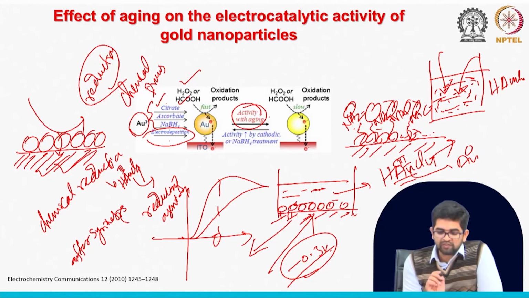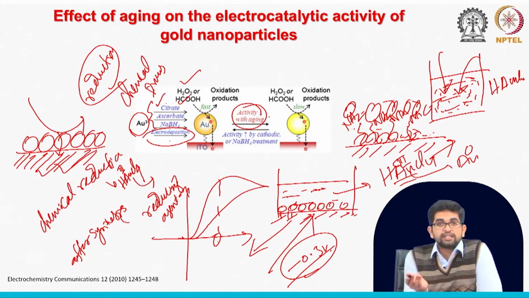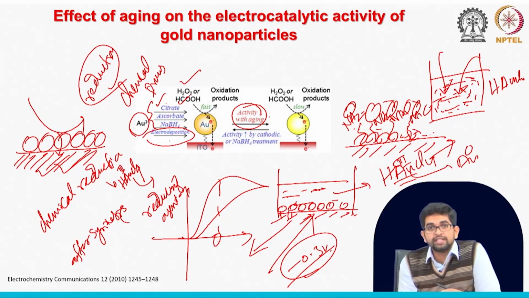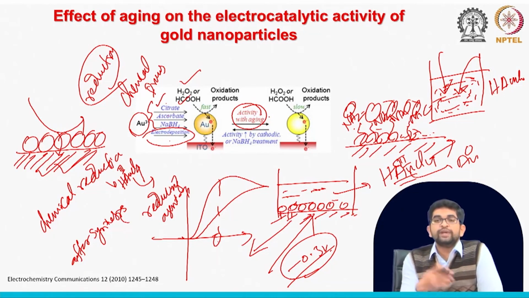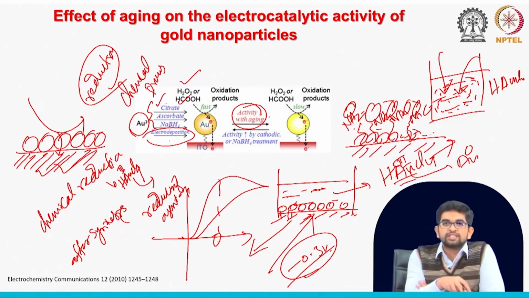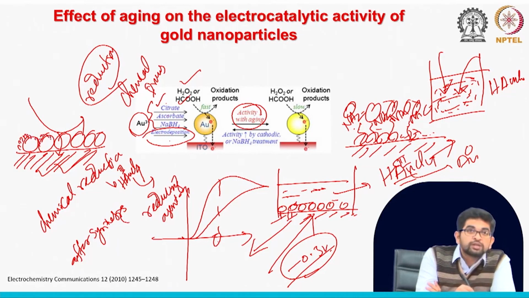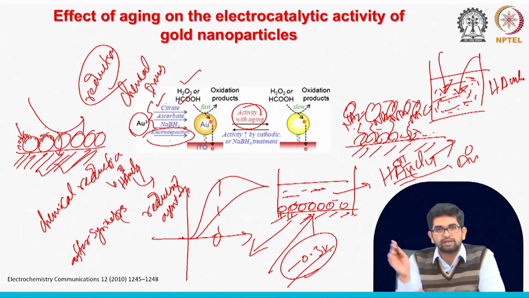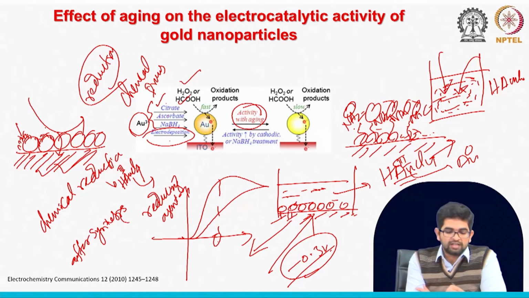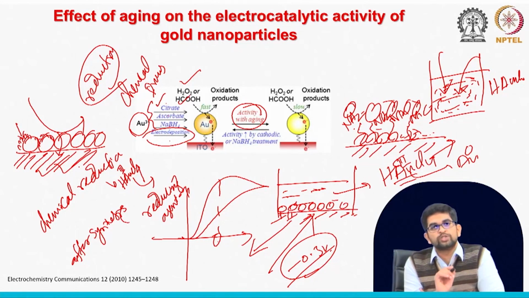So there may be one problem: you may think that this activity decrease may happen due to contamination, right? In the open air, there is some carbon contaminant, right? It may come onto the sensor surface, where there are so many active sites of the nanomaterial. These active sites of the nanoparticle can be blocked by carbon material or some other contaminant from the open air. So you can try to store this kind of sensor surface inside a solution.